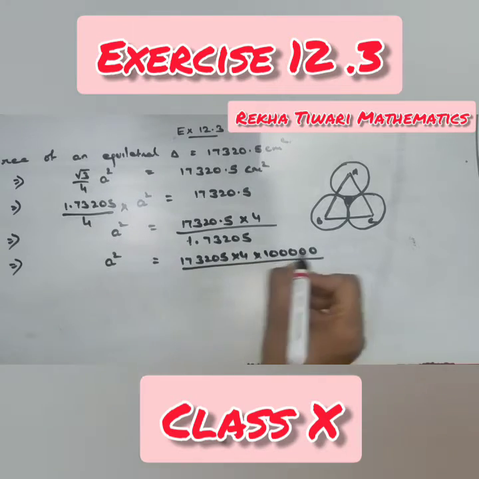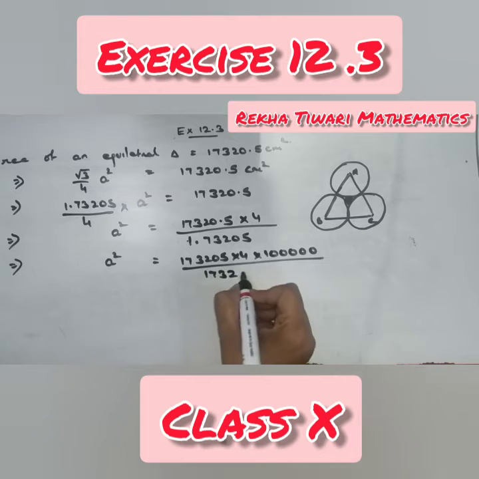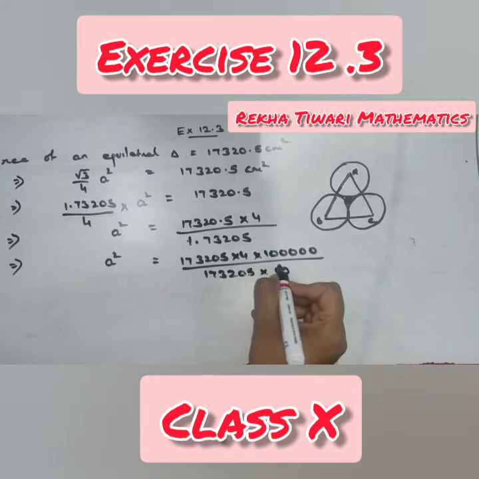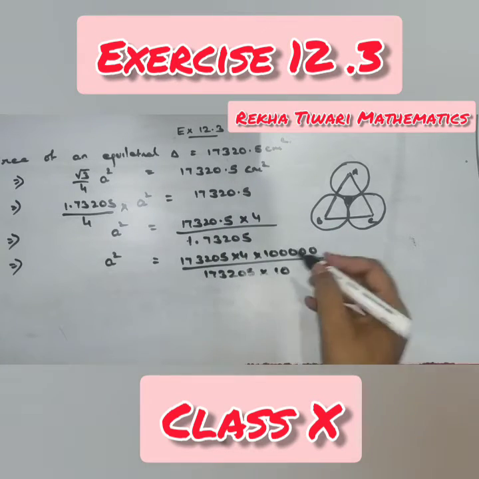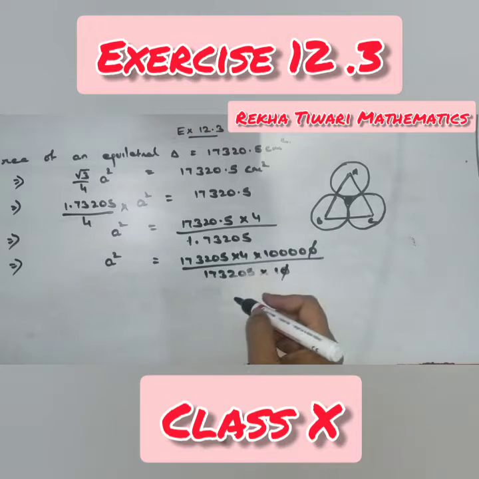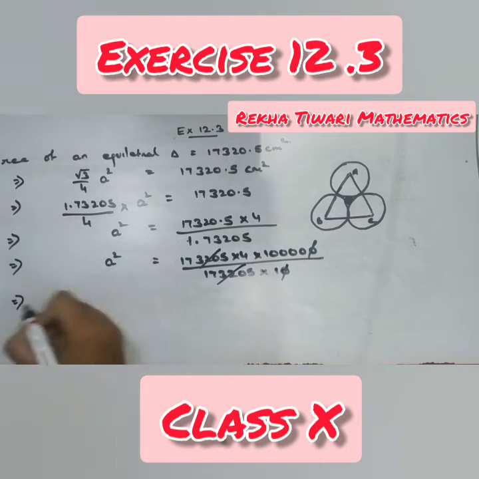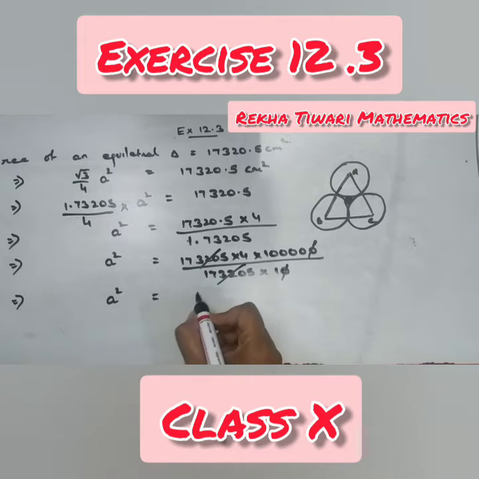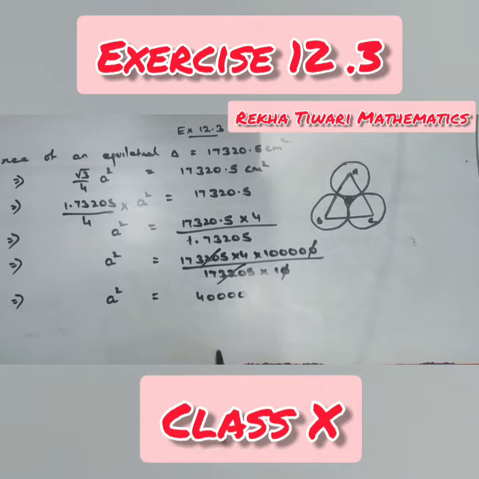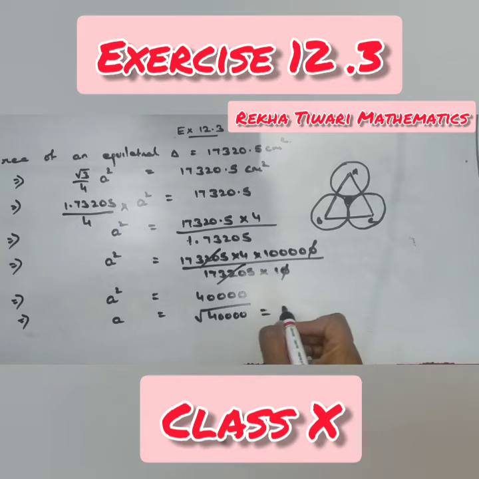Okay, remove the points, shift zeros. Cancel this 0. These two terms cancel each other. So it comes out a square is equal to 40,000. So what is a? a is root of 40,000, which is equal to 200. a means side of the triangle is 200.